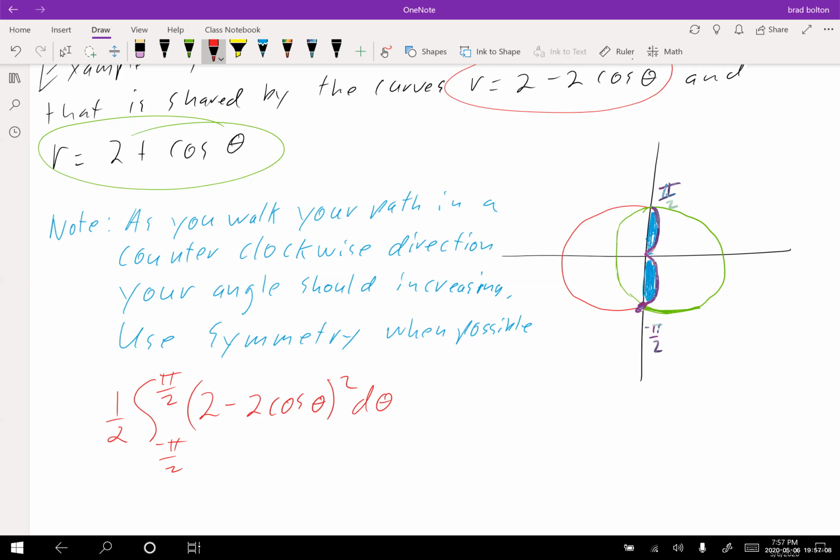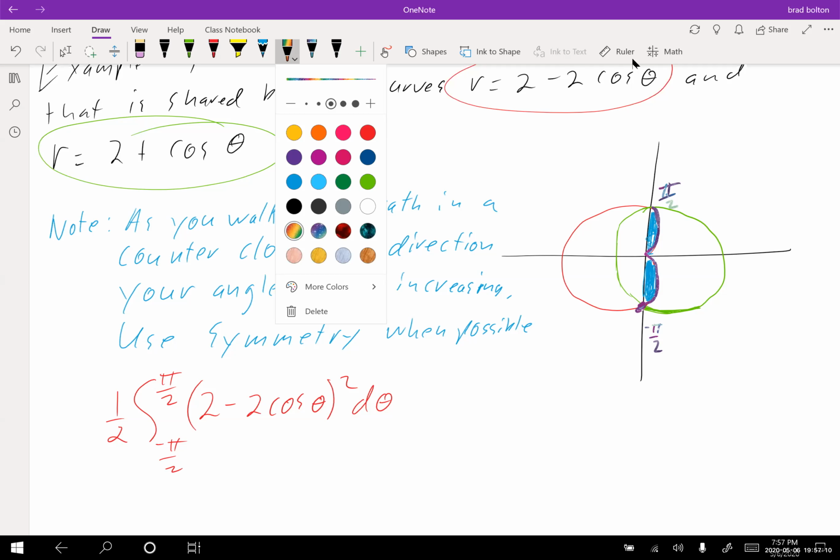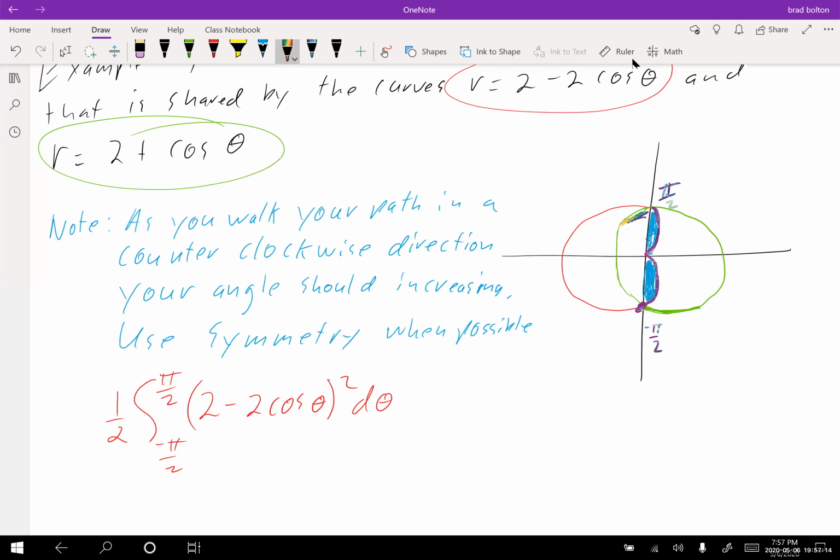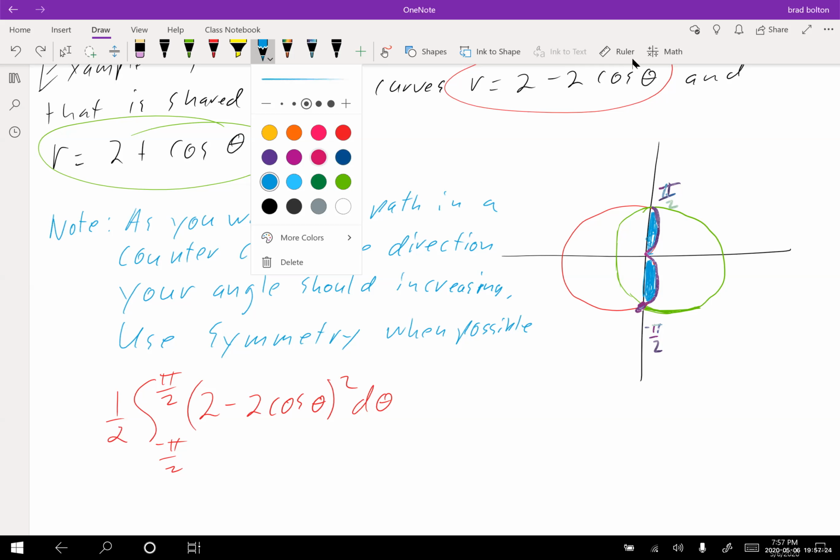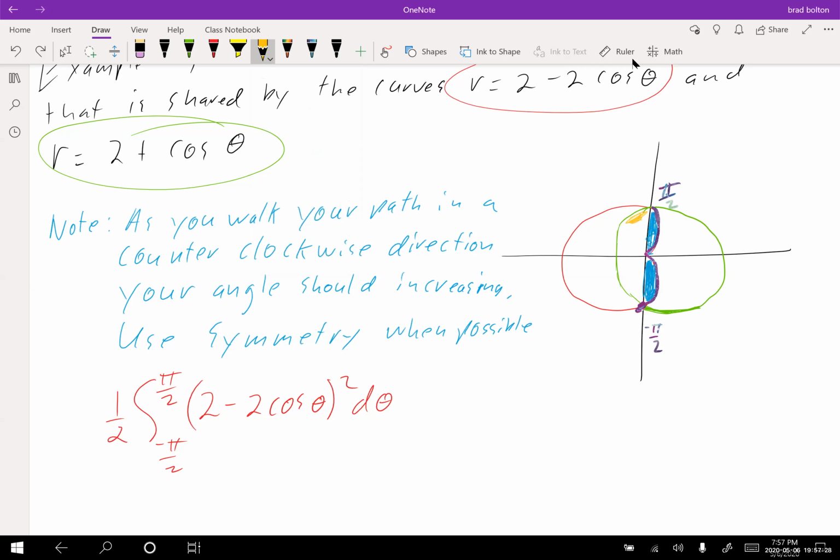But then I need this secondary area right here. Let's try, instead of blue, let's go with yellow, okay? Or orange. So we need this area in here now.